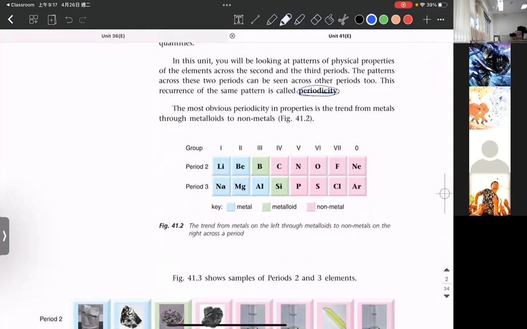Remember, periodicity means the recurrence of the same pattern across a period. Across the period means that starting from today, we focus on going from left to right, but not from top to bottom. So this is what we would like to revisit.